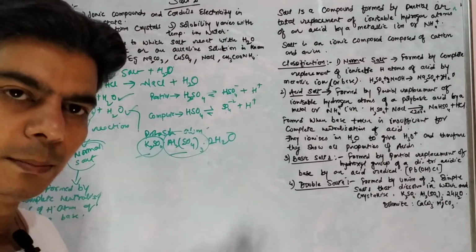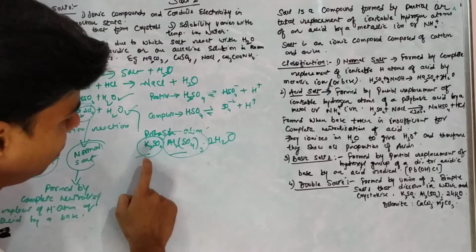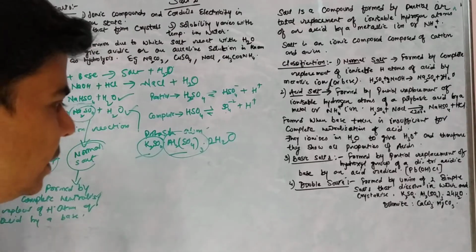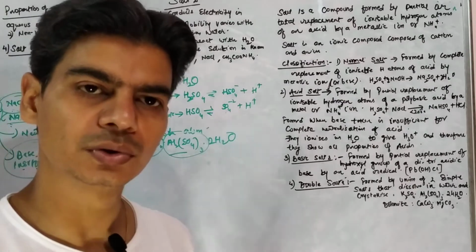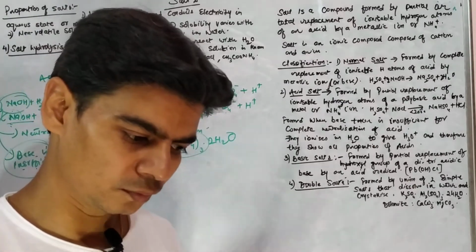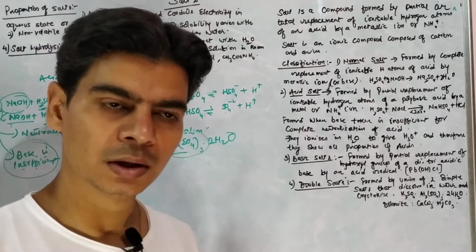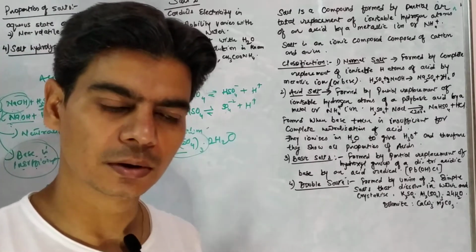Then we mix both the solutions of potassium sulfate and aluminium sulfate in one beaker, right? And then we heat the solution, right? Once the water content becomes half, we allow it to cool.